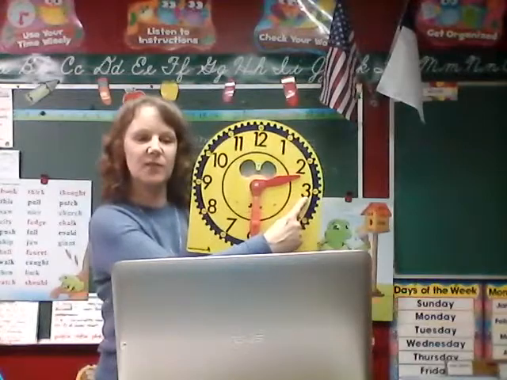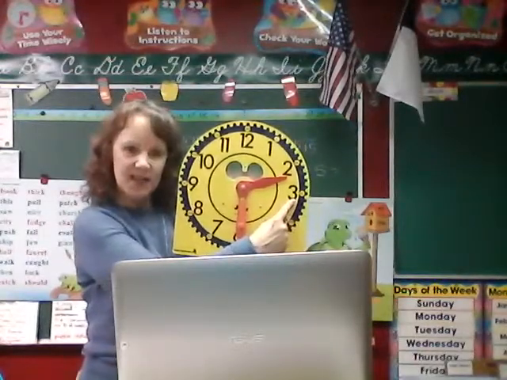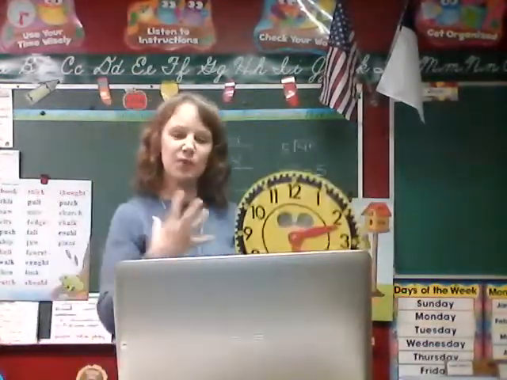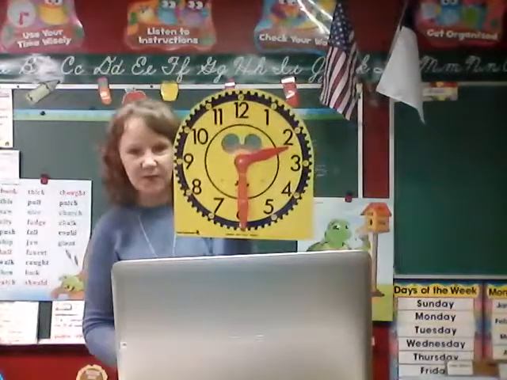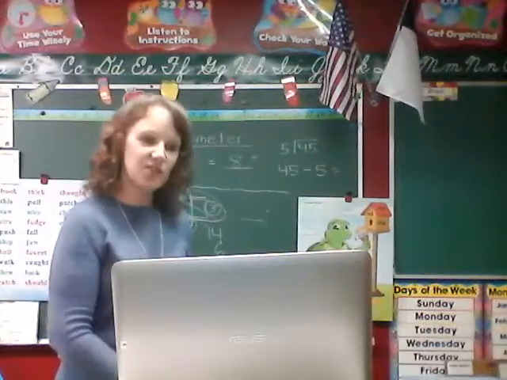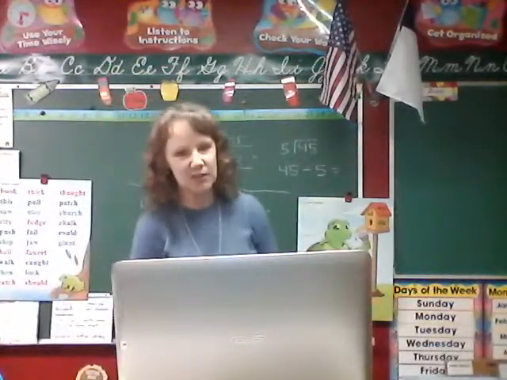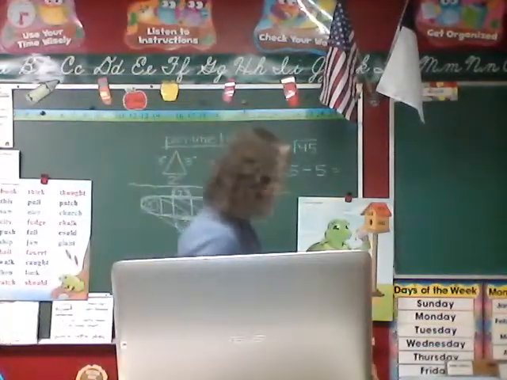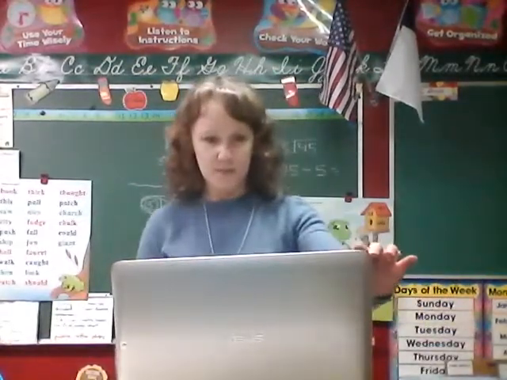Good. So 15 divided by 5 equals 3. So you can use your knowledge of what you have already learned about telling the time to help you with your division and multiplication with the fives. Okay? That's a pretty cool trick, I think.